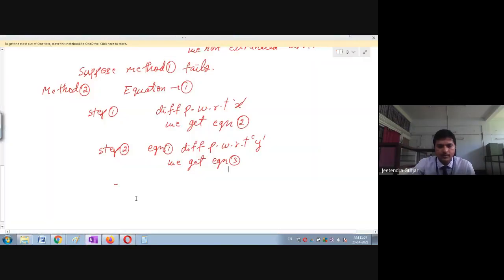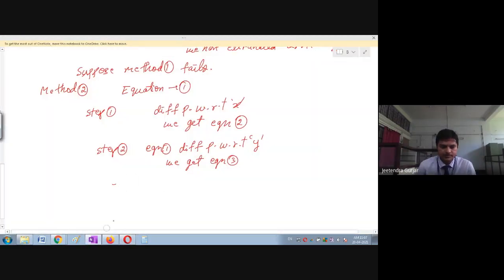Suppose the first method fails and after substituting you don't get the answer. Then you take equation 2 and equation 3 and compare both equations, students.